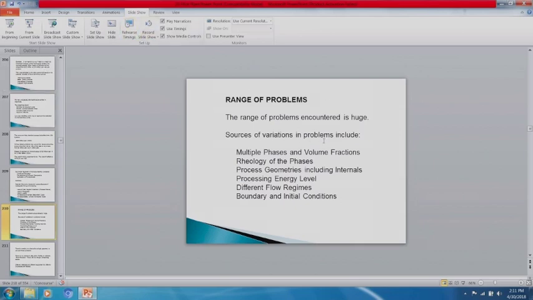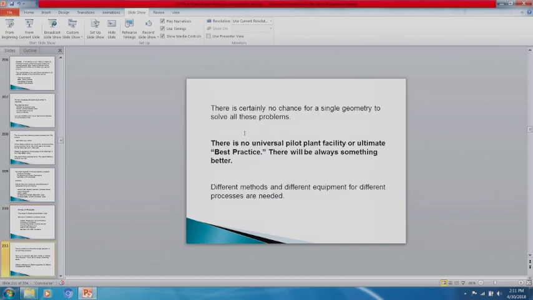Various sources of variations include multi-phase systems and volume fractions, variations in the rheology of the phases, processing geometries, including the internals, processing energy levels, different flow regimes, and boundary and initial conditions. Certainly there's no chance for a single geometry to solve all these problems.